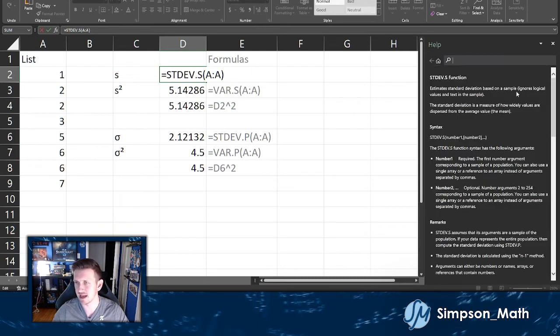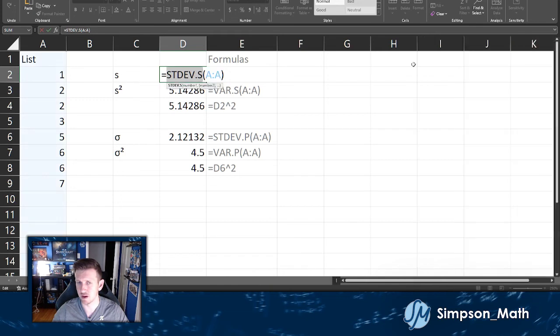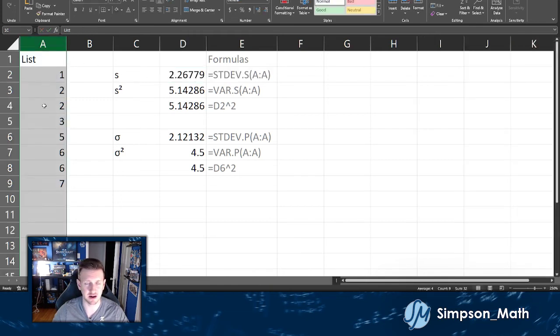And it says that it ignores logical values and text in the sample. So if I just say, hey, find the standard deviation of this entire column, it's going to see, oh, well, this is the word list. I can't find the standard deviation of a word, so it just skips over it. And so it just looks at these.